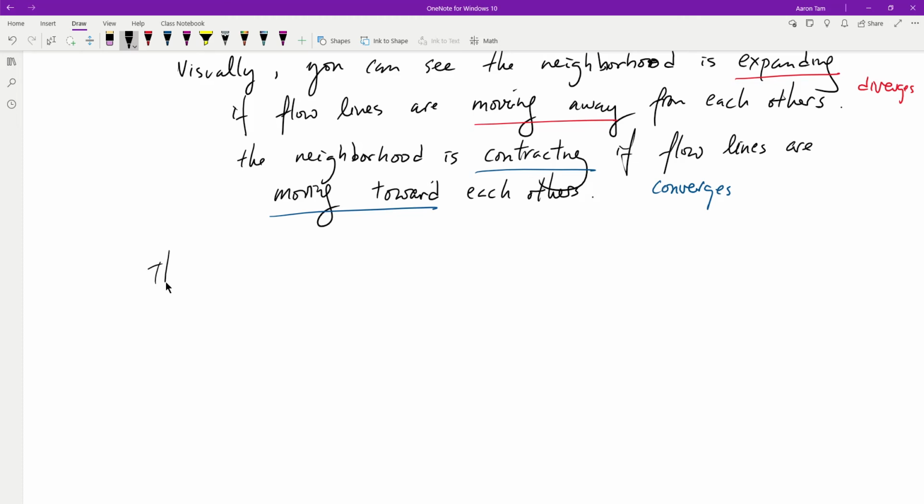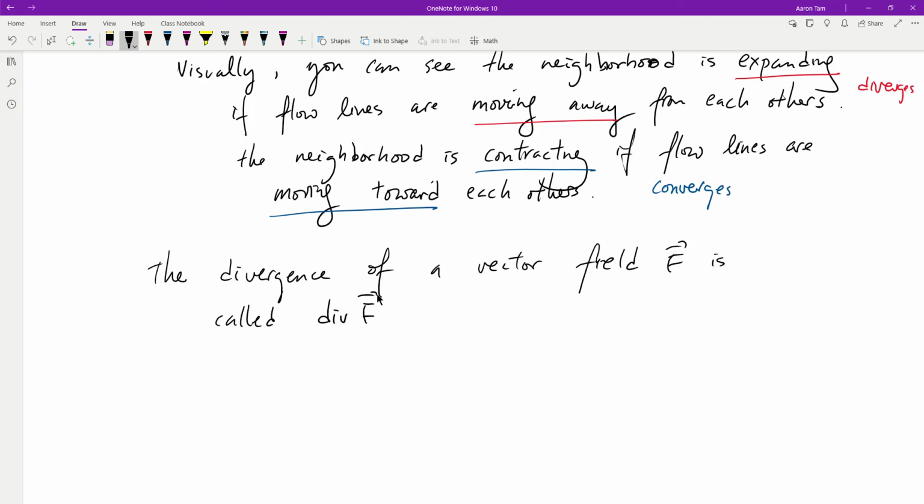The divergence of a vector field F, we will write, is called div F. That stands for divergence of F. How do you calculate the divergence of a vector field F?